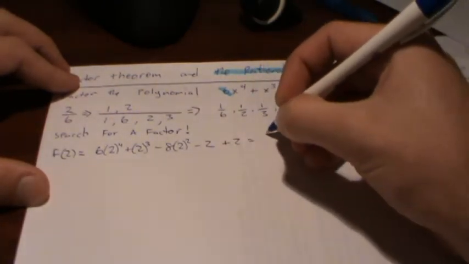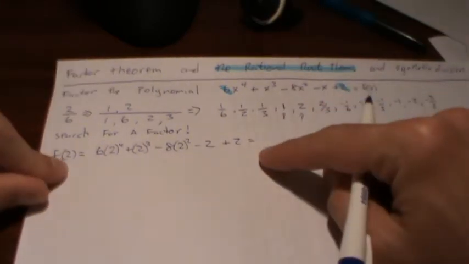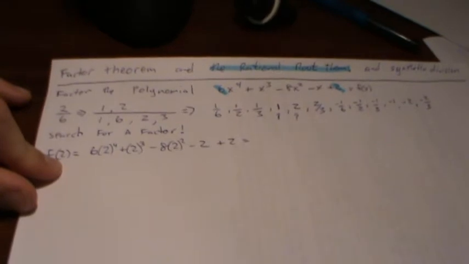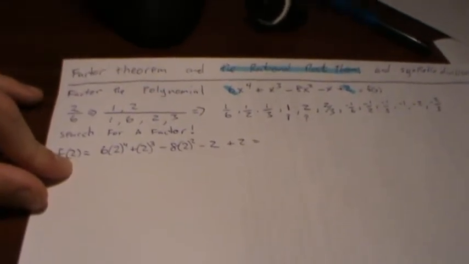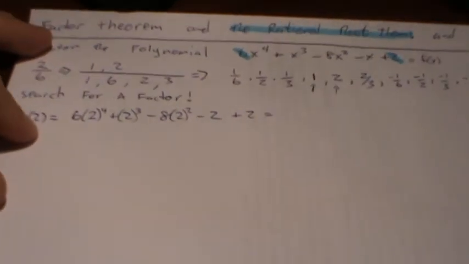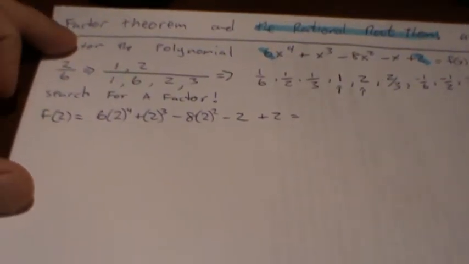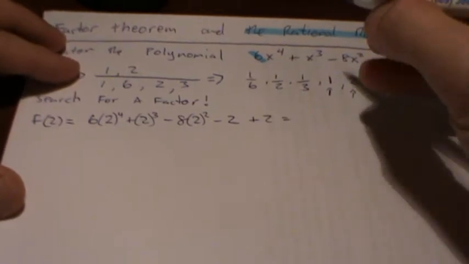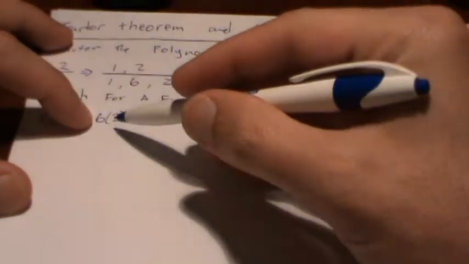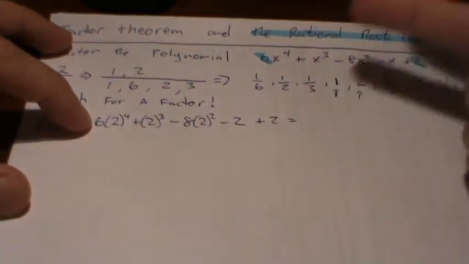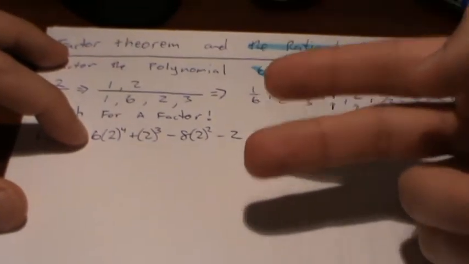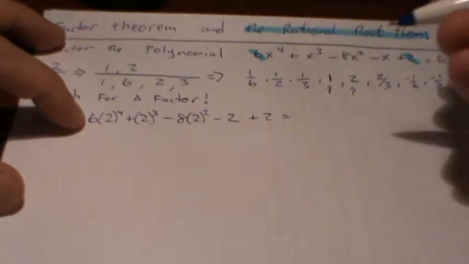Now, if I get a 0 here, then I know that this 2 is going to tell me a little bit about what the factors are. So right now I'm just waiting for a 0. All right, let me zoom in a little bit here. So I now go 2 to the 4th is 2 times 2, which is 4, times another 2, which is 8, times another 2, which is 16.